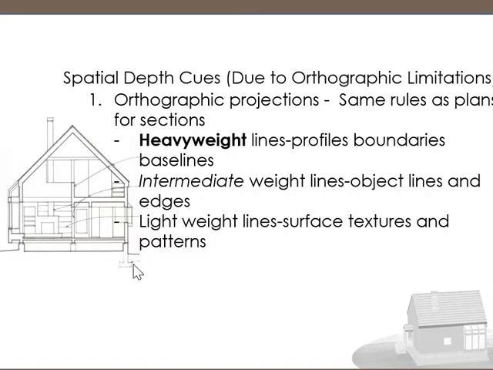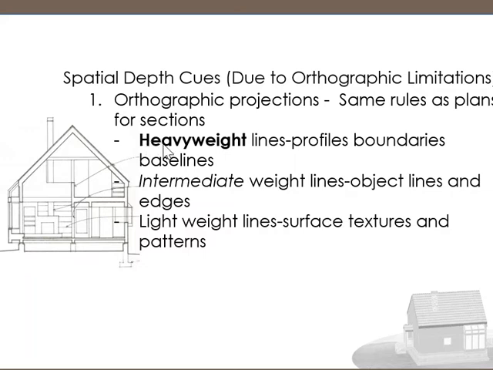Also, what identifies a section is this other element. It's these little footings and the actual, what we call, slab of the structure. So when you start to see little footings and the ground below, that really indicates a section drawing.